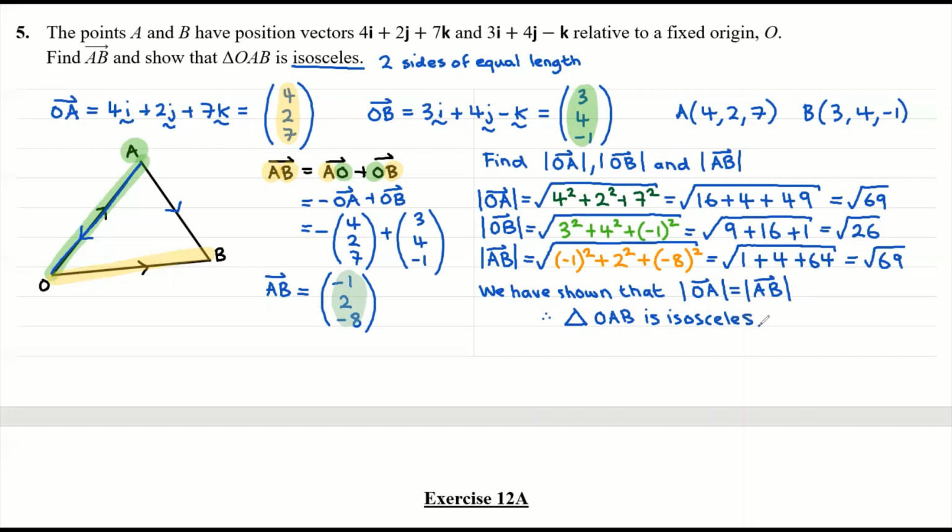You have to do all three. If you did OA and AB, and then concluded just from those two values that this was isosceles, that wouldn't be enough. You've got to show that 2 out of the 3 are the same, because it could still be an equilateral triangle. You've got to show that it's isosceles, as it states here.